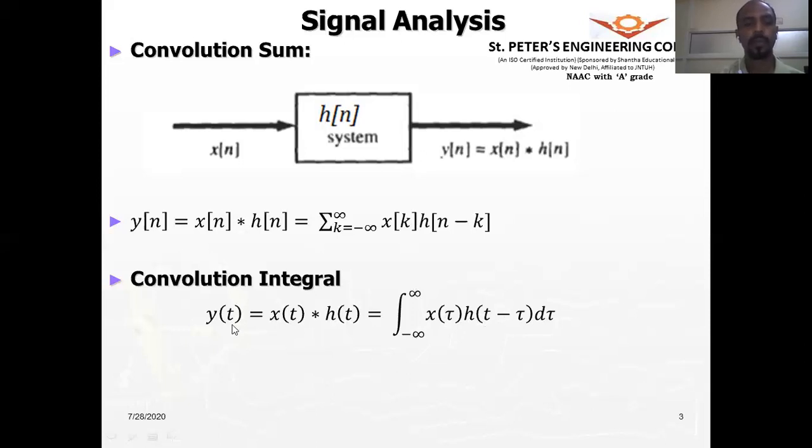And t also takes values from minus infinity to plus infinity. So here we are doing a two-dimensional operation because we have two variables. Since we have two signals, we are dealing with a two-dimensional operation. That means we are performing the convolution.